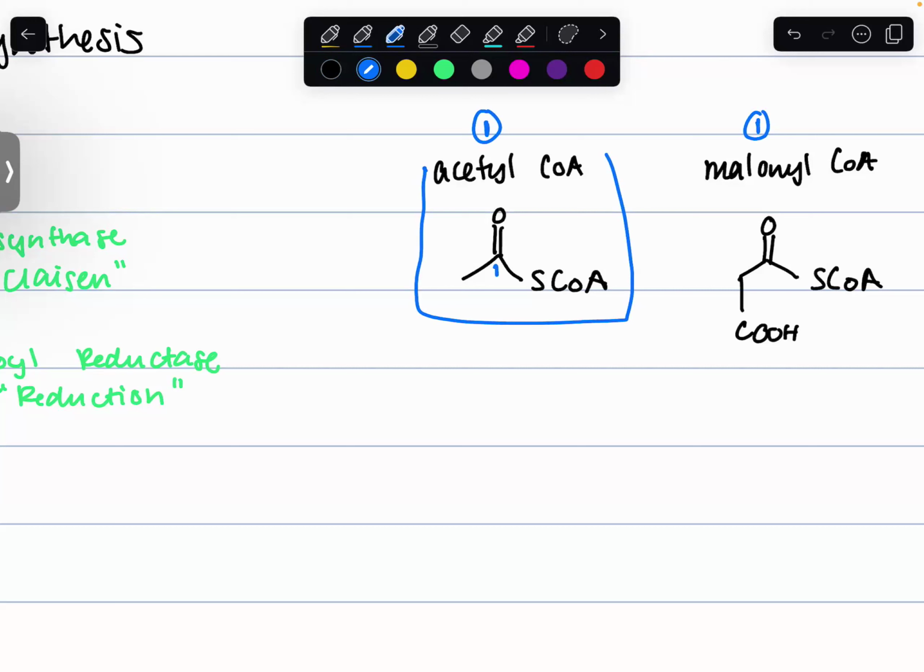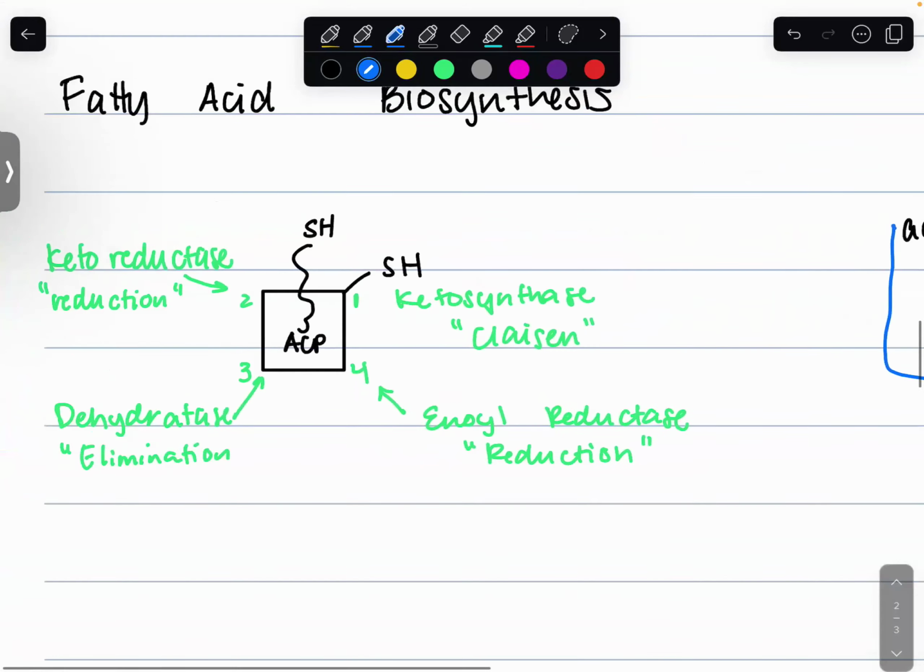Those 2 carbons come from acetyl-CoA. The most complicated part of fatty acid biosynthesis is getting it all set up. So let's get into it.